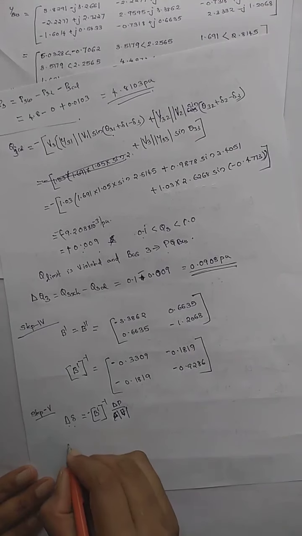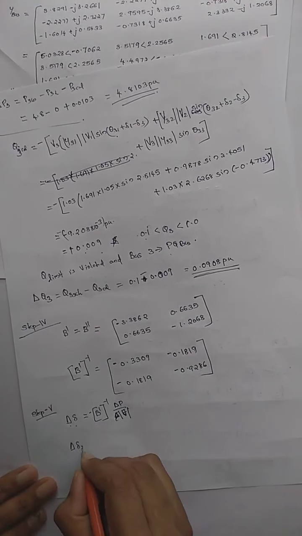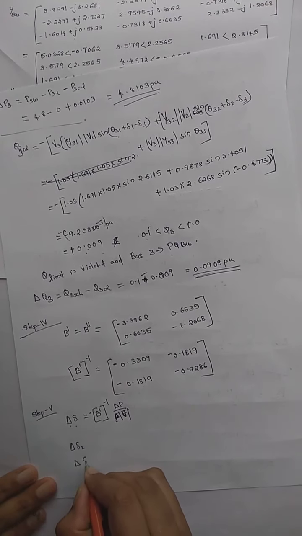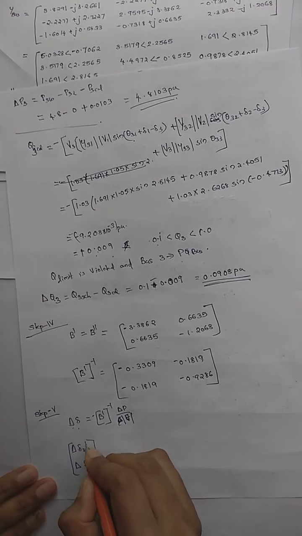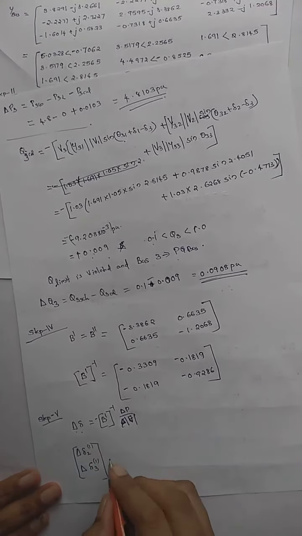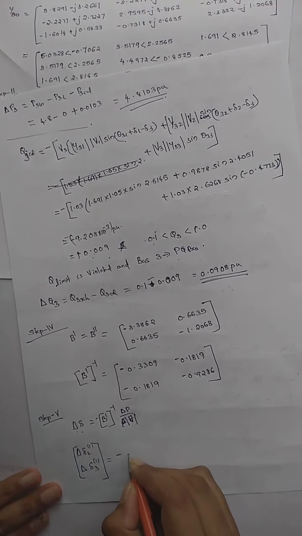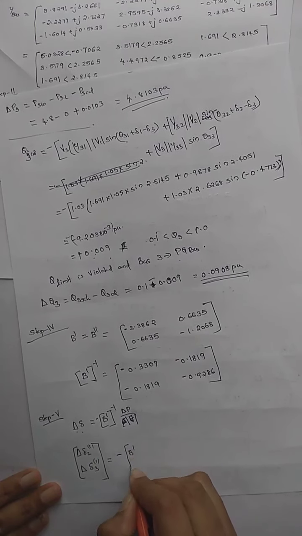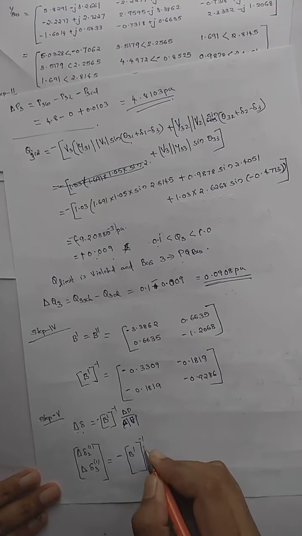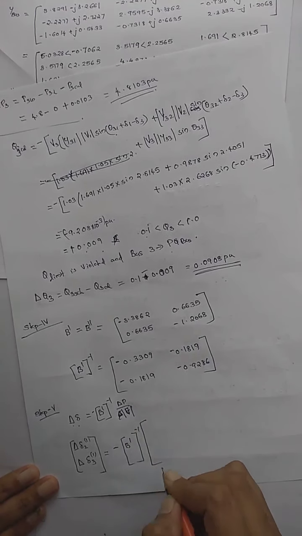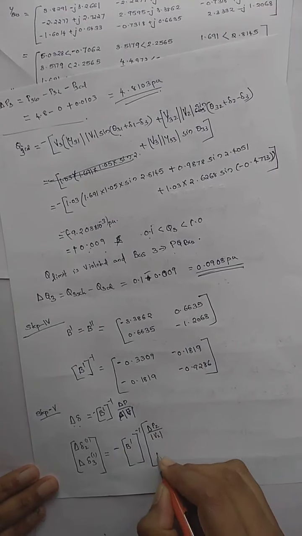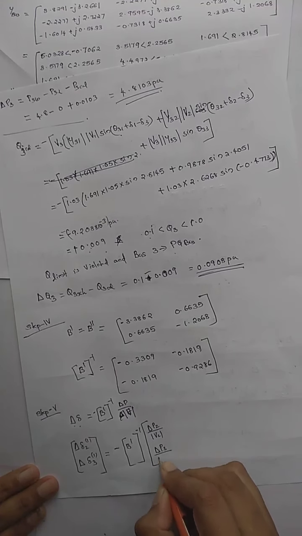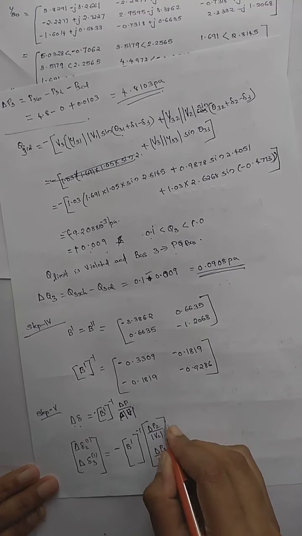I have delta 2 and delta 3, and this I have to find out. This is our first iteration value. That is equal to minus of B dash inverse into delta P2 by V2 and delta P3 by V3.